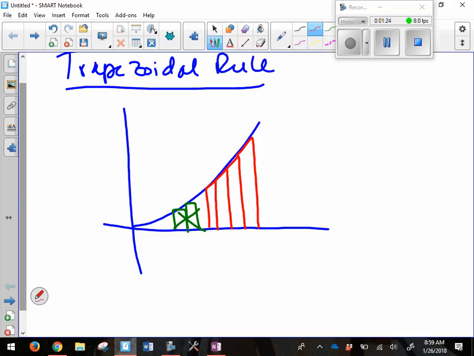So if, let's say, I draw my trapezoids from A to B, and I want to find the area under the curve from A to B, then I'm going to start by breaking that interval into a certain number of subintervals.